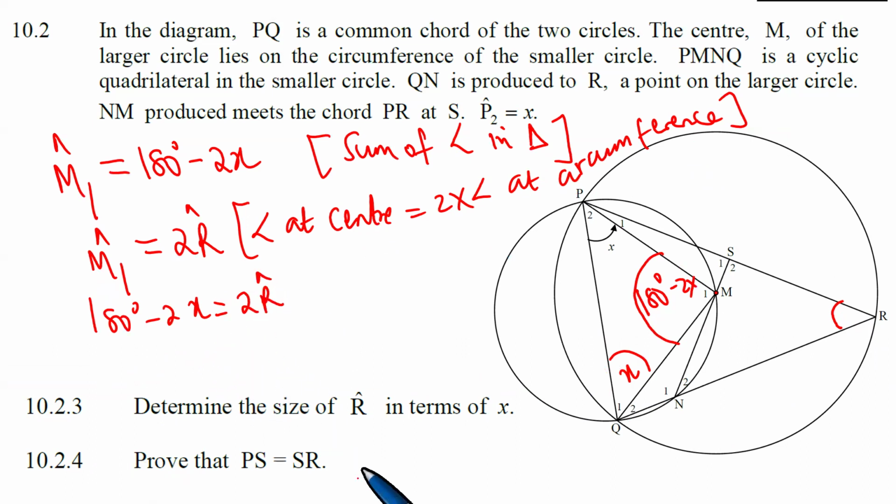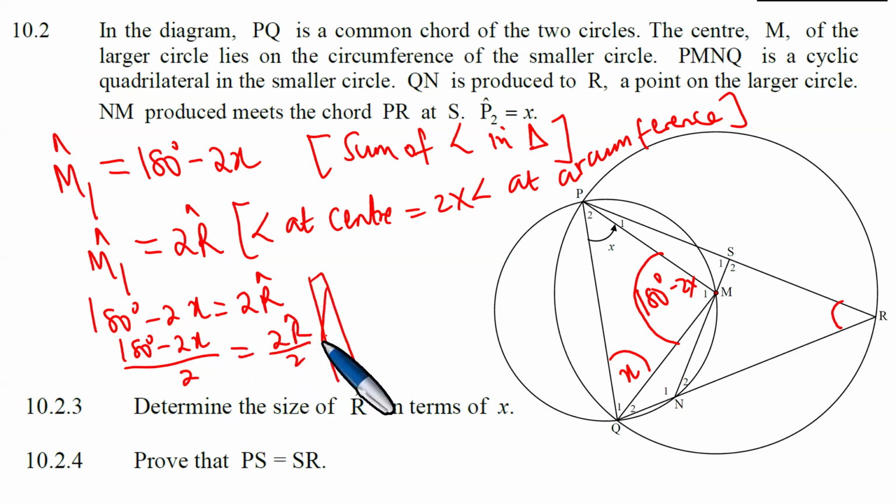And we want to determine the size of the angle R in terms of x, meaning we can divide both left and right by 2. We have 180 degrees minus 2x divided by 2, and 2 times angle R, you also divide by 2, like so.